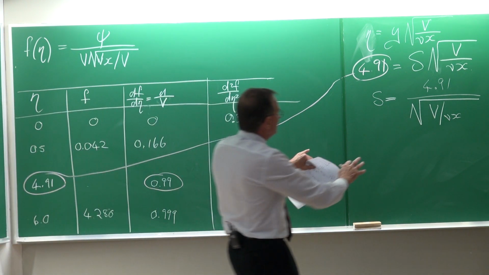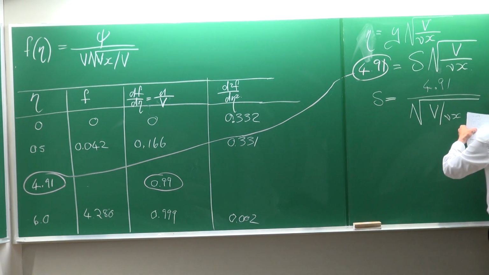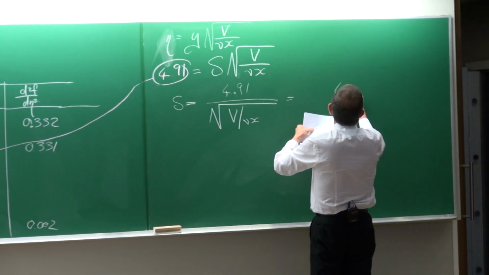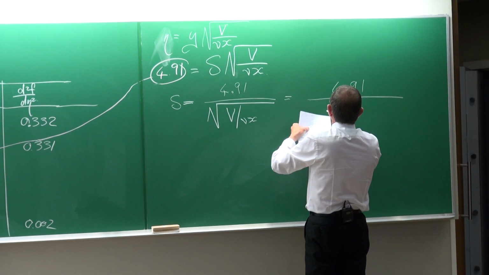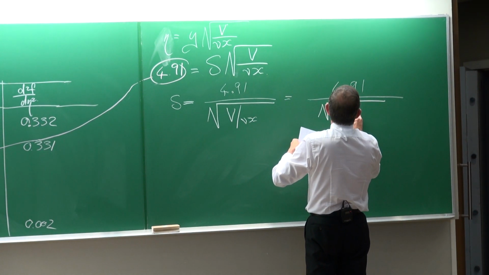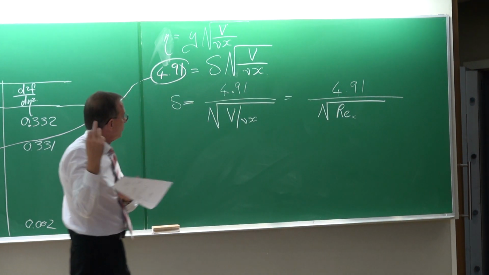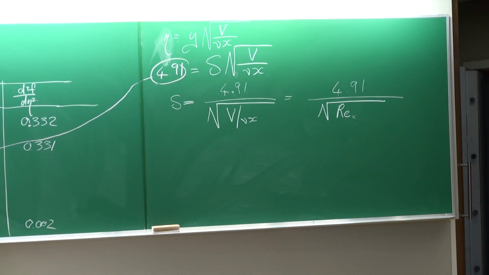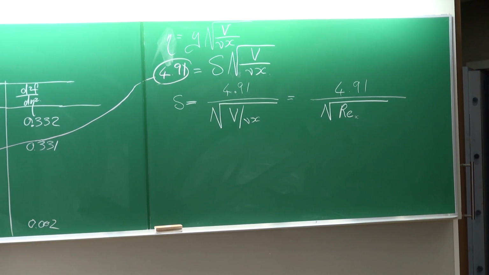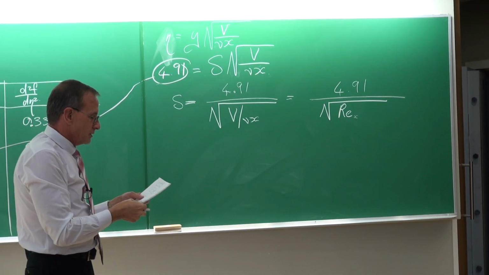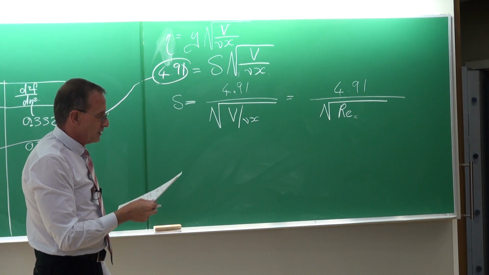And then you can rewrite this in terms of Reynolds number, and the result is that you can write this equation as 4.91 divided by the square root of the Reynolds number of the fluid at point x. It's a local value, and I will show an example a little bit later on that. But remember, this is for laminar flow only, so all the assumptions have been made: incompressible, laminar, etc., etc. It's not for turbulent flow. And that was the solution then of the boundary layer thickness.